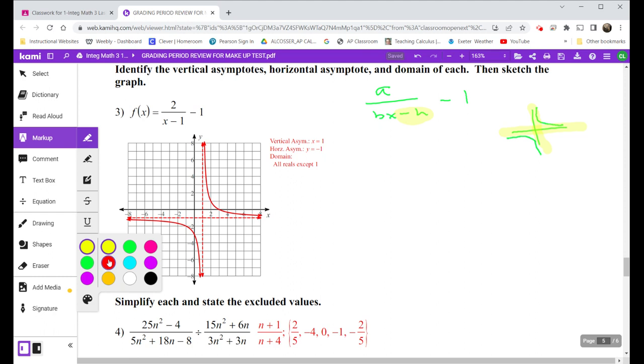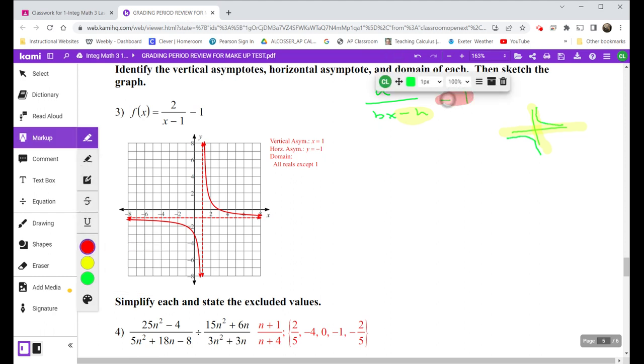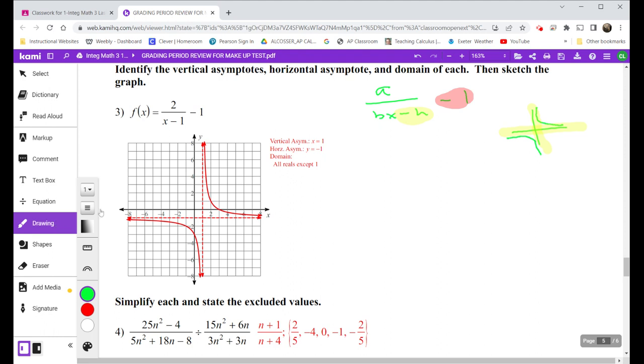And then I'm going to do a different color here before I start. And then this one here moves our horizontal asymptote up or down. Okay. So how do we tackle this? The first thing is, I'm going to take this bottom piece and set it equal to 0.